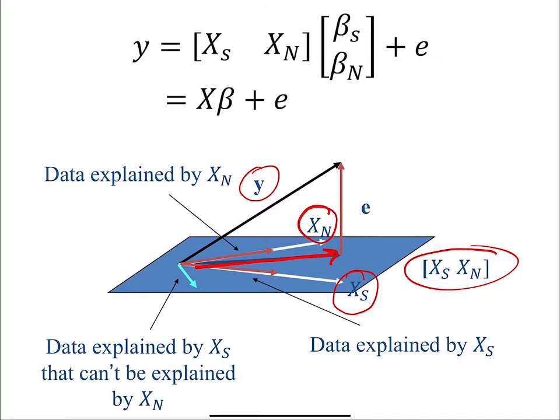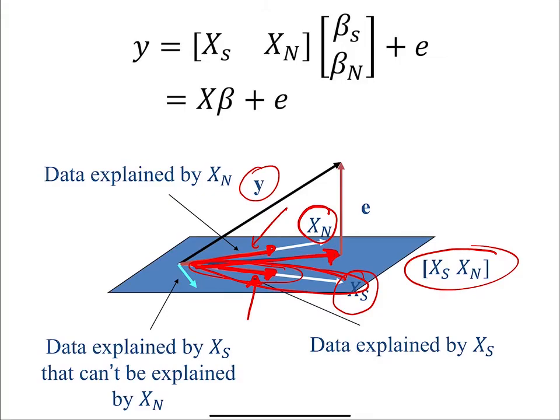But the statistics only cares about that part that can be explained by, or sorry, this arrow here and this arrow here combine to add up to this overall arrow. So this is the amount of data that can be explained by my signal, and this is the amount of data that can be explained by my nuisance regressor.